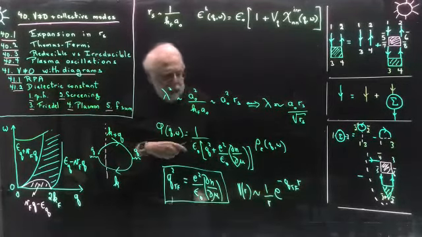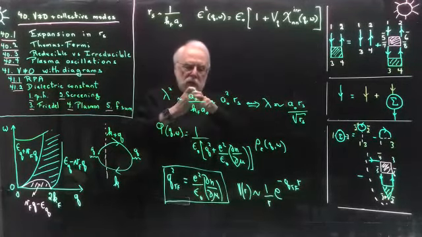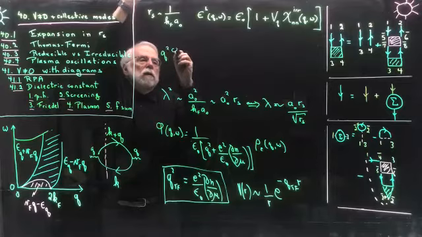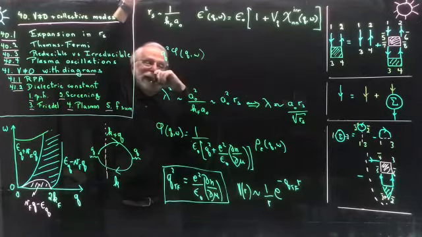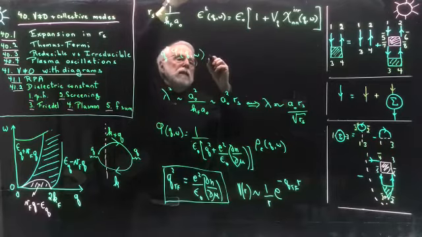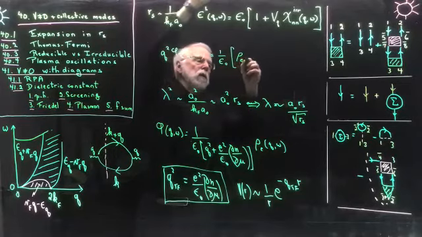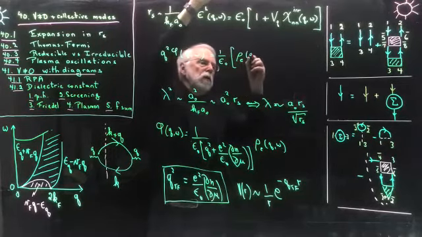So if I go back to the Poisson equation, Q squared phi of Q and omega is equal to 1 over epsilon 0 times rho external of Q and omega.